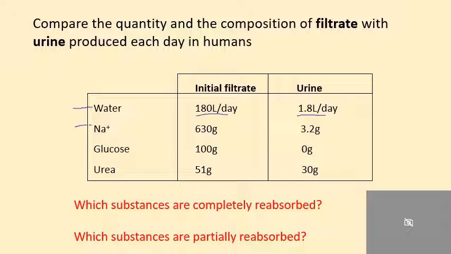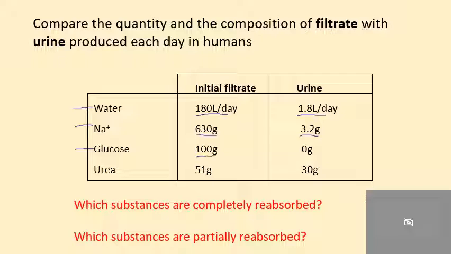Sodium is also partially reabsorbed. In our filtrate, we filter 630 grams on a typical day, and we excrete 3.2 grams of sodium. So most of that sodium was reabsorbed, but not all of it. Glucose. Glucose in a normal body or typical body is 100% reabsorbed. It's fully reabsorbed.